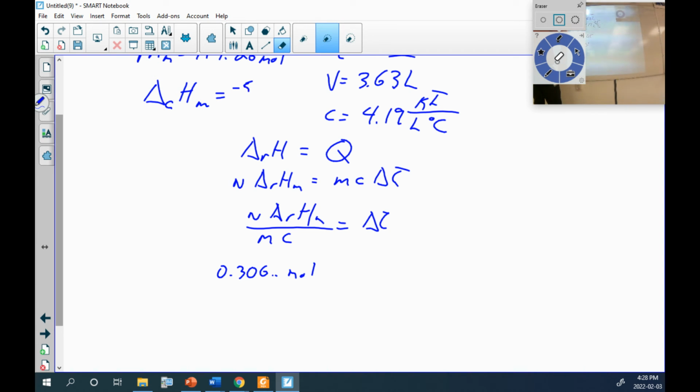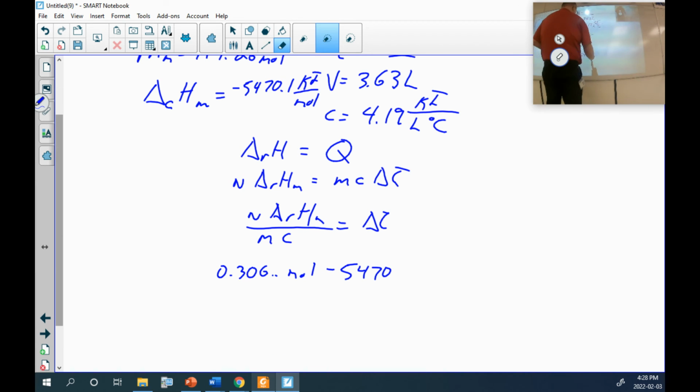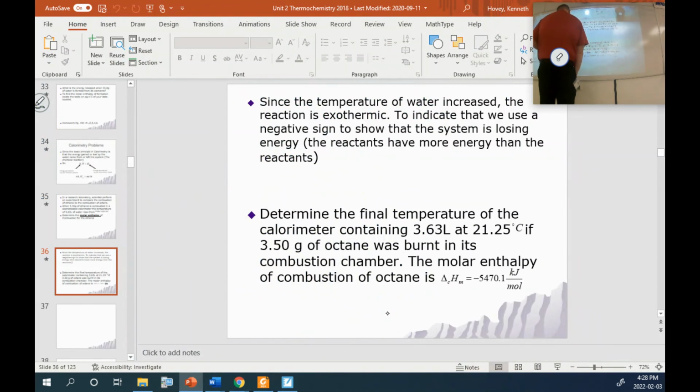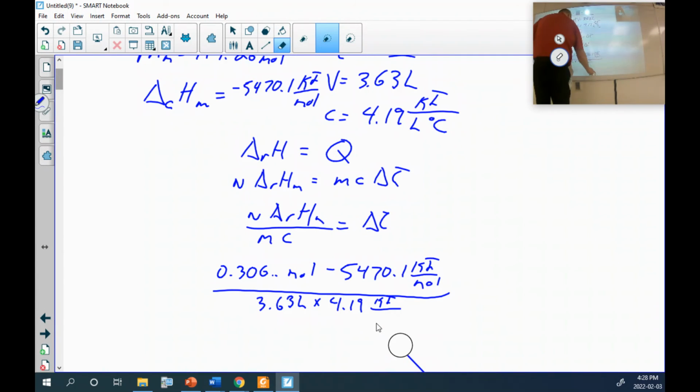This was negative 5470.1 kilojoules per mole. And that's overall equal to your delta T.